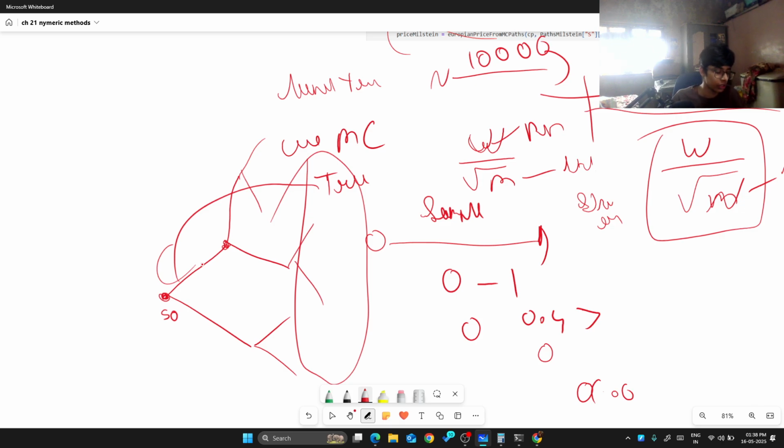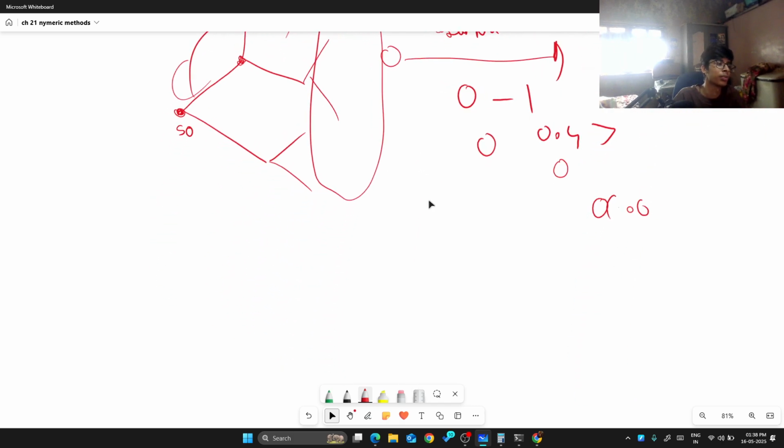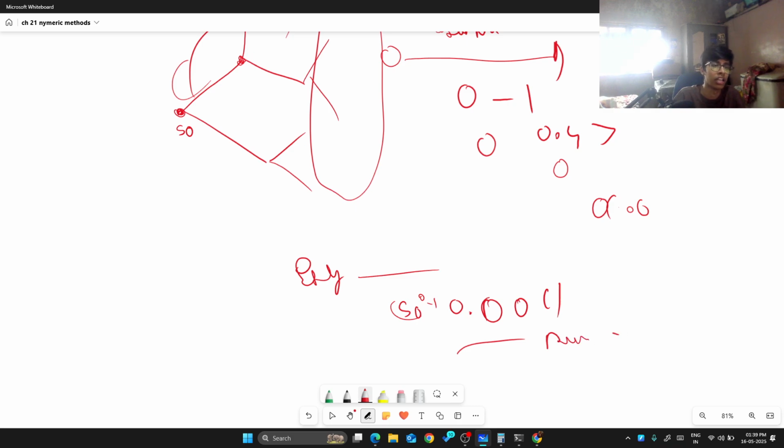And finding Greek values in Monte Carlo simulation is easy. So we have a simulated path of each, right? Then, if S0 is given, we will add 0.1 or a very small value to it and do the Monte Carlo simulation again. And then the derivative price f star minus f hat upon the small change, and in this way we can find the delta, and it is easy.